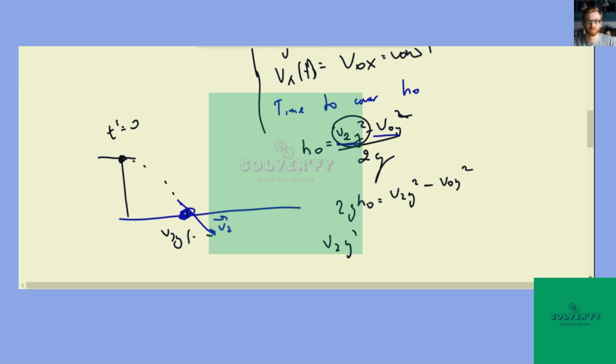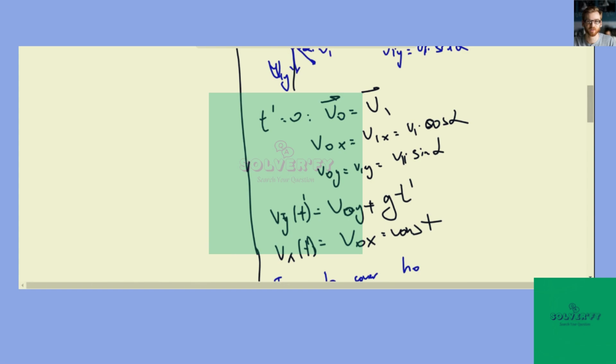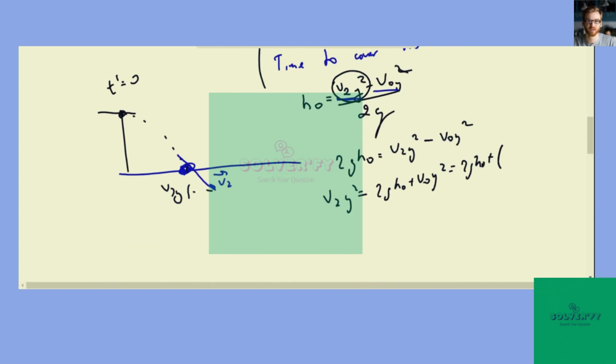Therefore, v2y squared equals 2gh0 plus v0y squared, or 2gh0 plus (v1 times sine alpha) squared. Let's calculate this value. We won't take the square root because we don't need it.